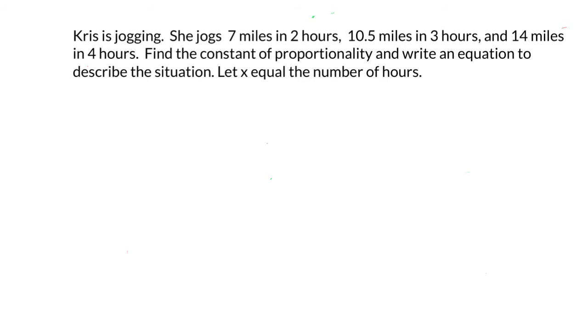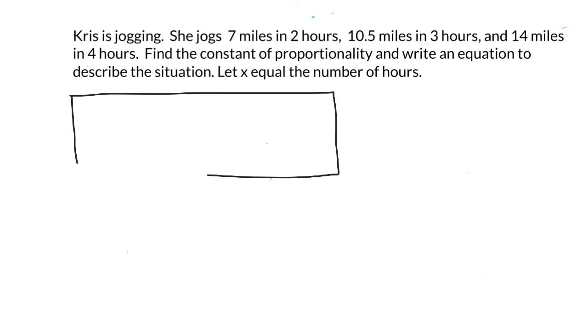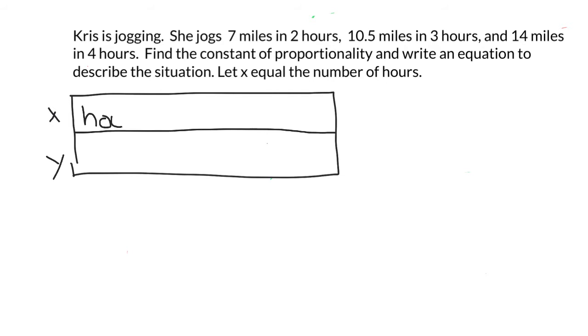So unlike the last problem, this one does not give you a table. So what you're going to do is create your own table. It wants x to be the number of hours. So when I make my table, this is my x and that's my y. And x is the number of hours. So if x is hours, that leaves y as the miles.